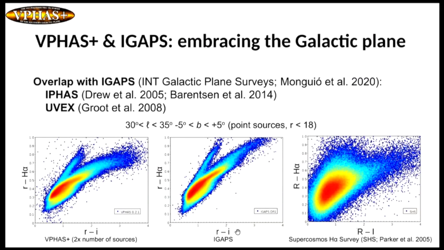In particular, we can see three color diagrams showing the same colors, the R minus H-alpha versus R minus I. For the VPHAS Plus survey, the IGAPS, which is this combination of the IPHAS survey and UVEX surveys in the northern hemisphere, and the photographic plate photometry coming from the SuperCOSMOS H-alpha survey.